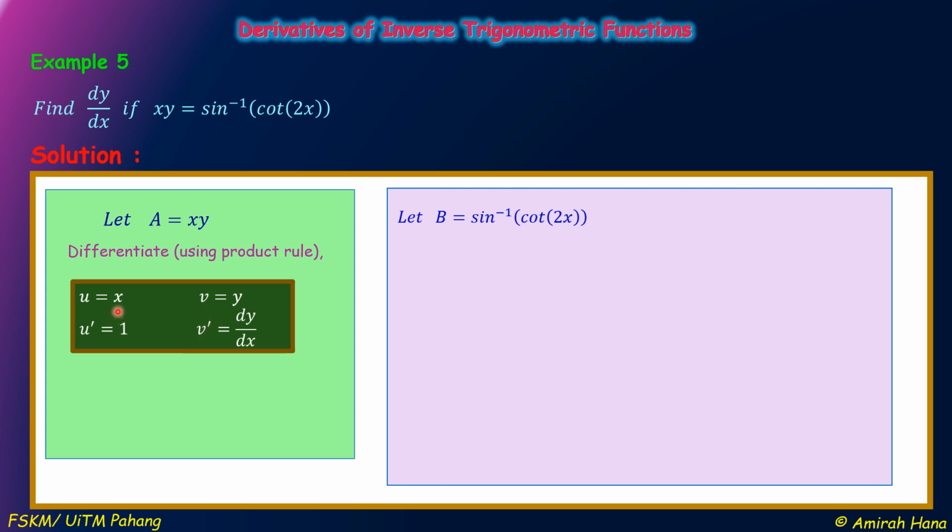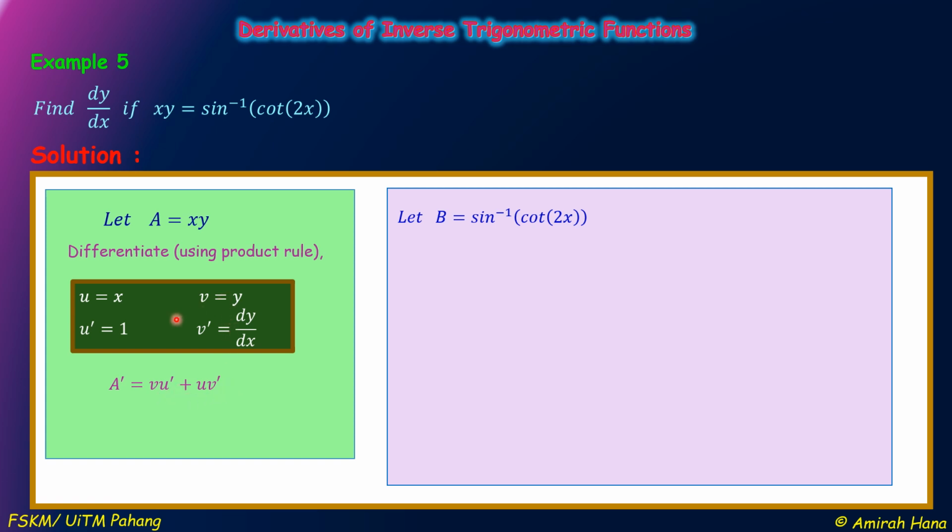When we differentiate x with respect to x, we get 1. When we differentiate y with respect to x, we get dy over dx. When we differentiate a, the symbol is a prime, which equals the product rule formula vu prime plus uv prime.